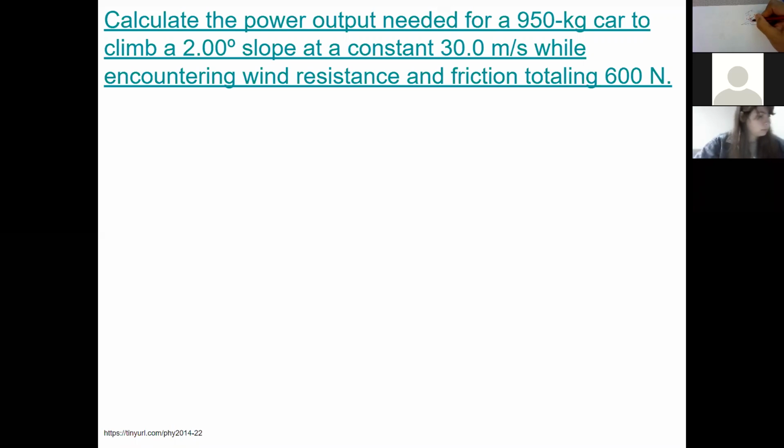You can resolve your weight into its x and y components. The y component is mg cosine theta, and the x component is mg sine theta. Then you're looking for the power. So you probably want to figure out the driving force from the free body diagram, and then use the equation of power equal to force times the speed.